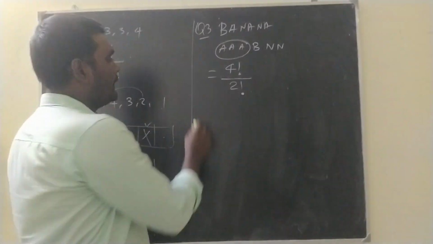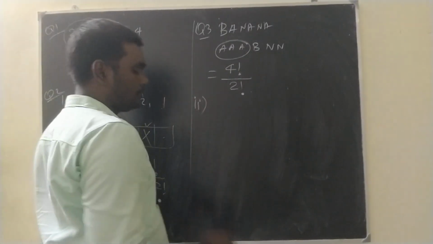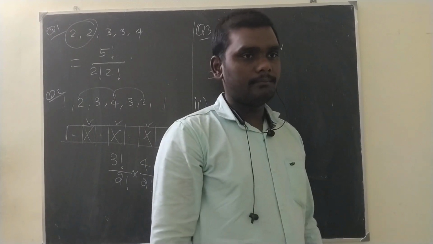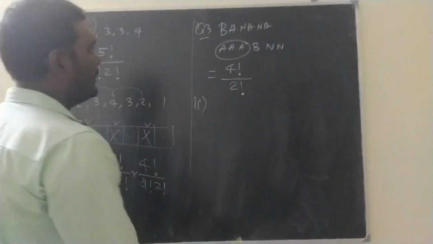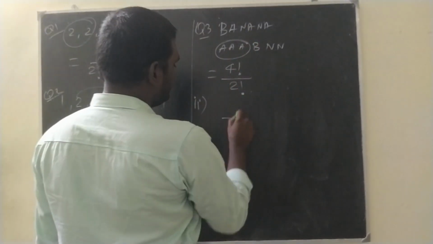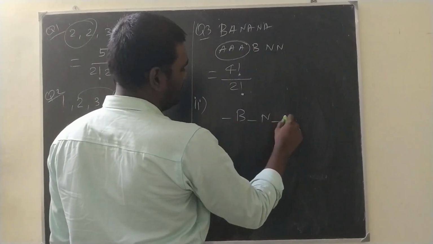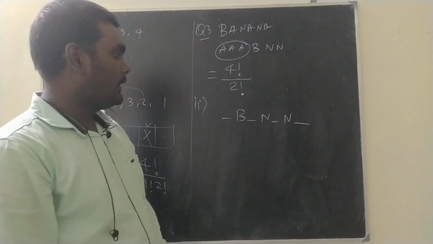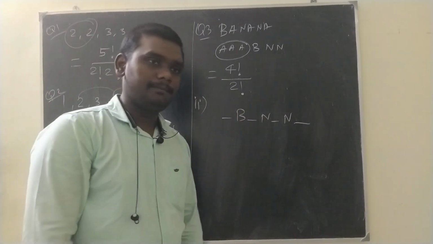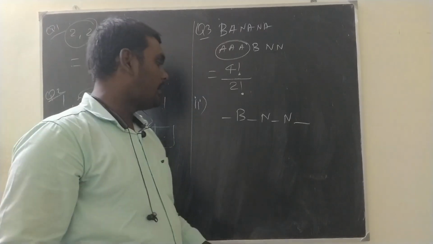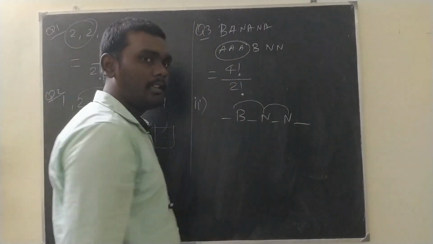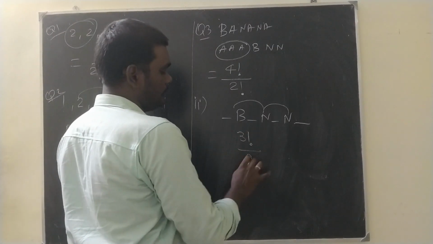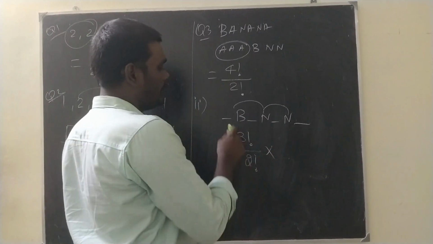Next, second subdivision: no 2 A's come together. Then we arrange B, N, N first, with gaps between them. How many ways can this B and N be arranged? Into how many places?